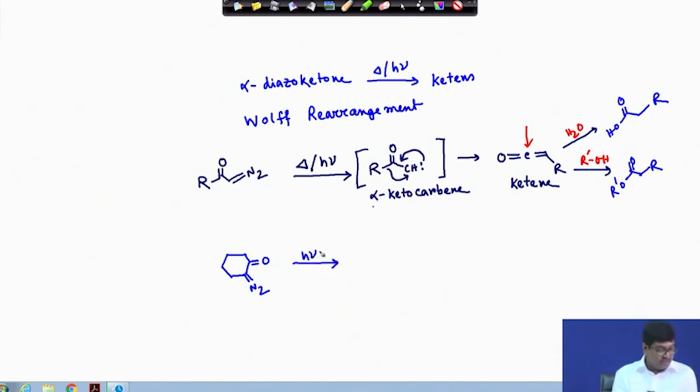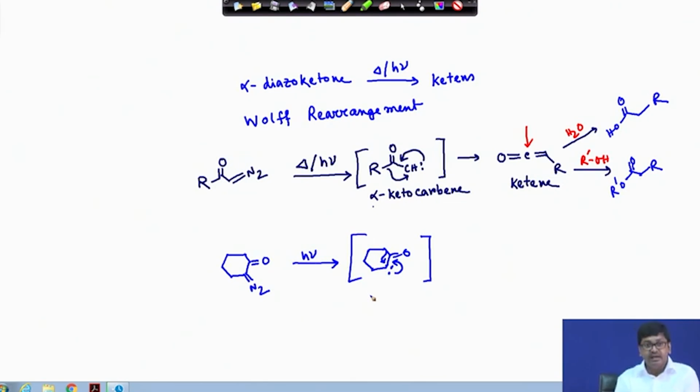It will generate the corresponding carbene under photolytic conditions.